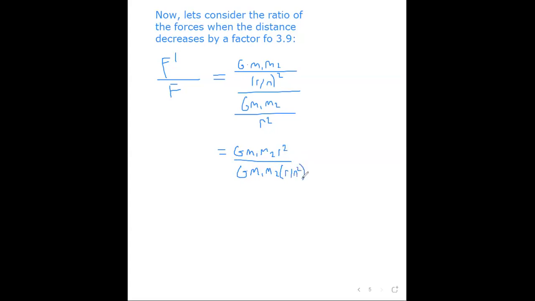Simplifying this, we get R squared all over R divided by N squared. So all we have to do now is substitute N for 3.9, and then we should have our final answer. So I'll let you compute this. We have R divided by 3.9 squared.